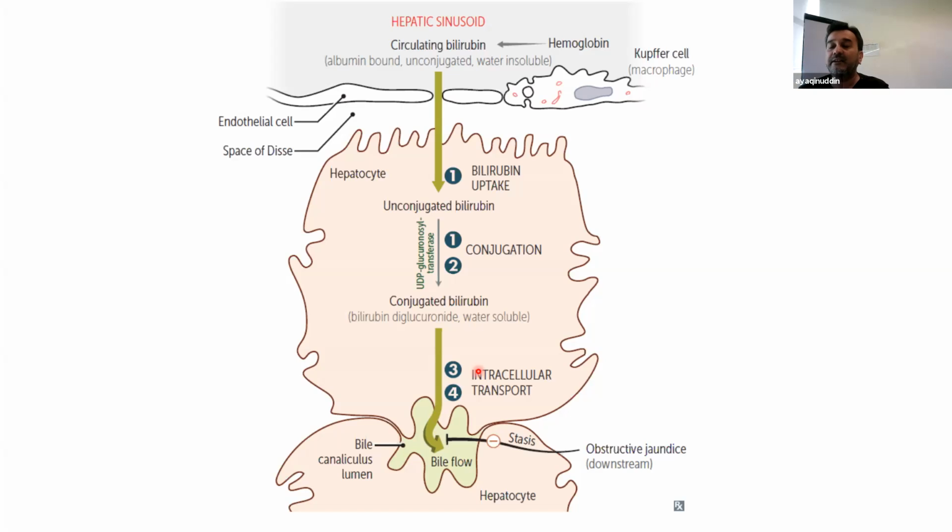So the conditions which you are going to get would be the Dubin-Johnson and Rotor, which will result in jaundice, but conjugated hyperbilirubinemia is not really a problem because it does not pass the blood-brain barrier and get deposited into basal ganglia, resulting in kernicterus. So number 3 and 4, Dubin-Johnson and Rotor, are basically benign conditions which will lead to conjugated hyperbilirubinemia.